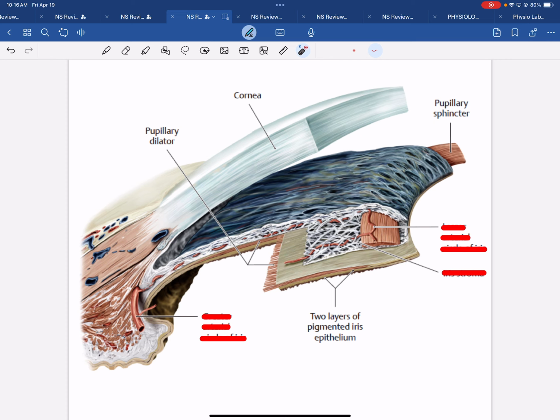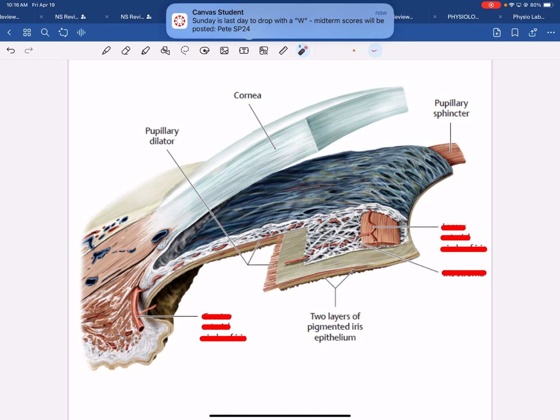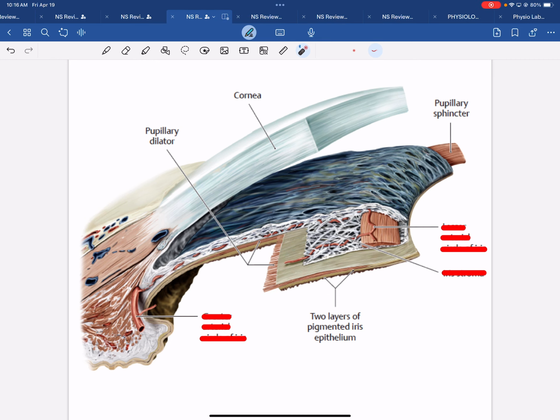The sympathetic would be the pupillary dilator, it wouldn't be a sphincter. Good, because it's more useful to have lots of light coming into the eye in a fight or flight situation versus having less light, which means that the dilator must be sympathetic and the constrictor must be parasympathetic. Good?